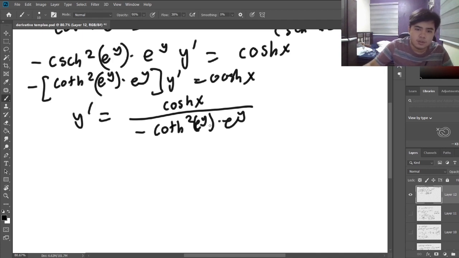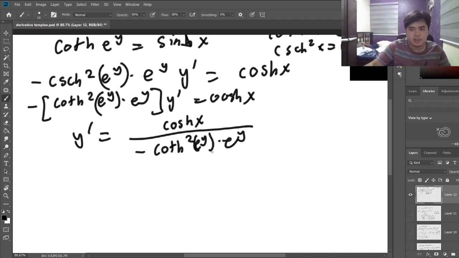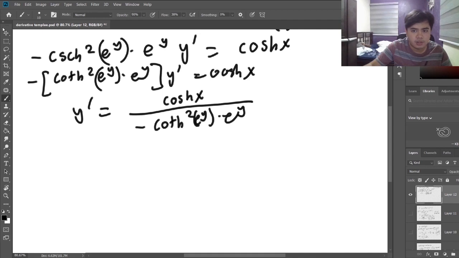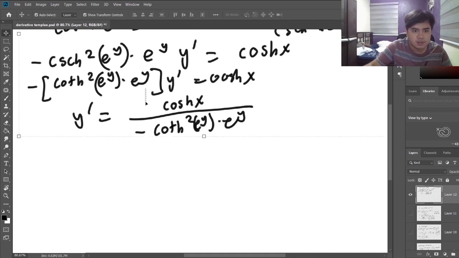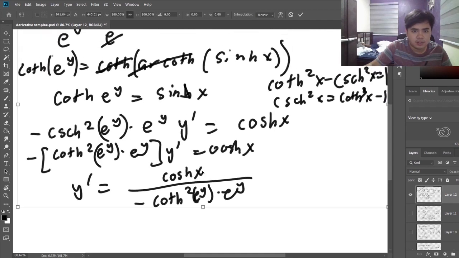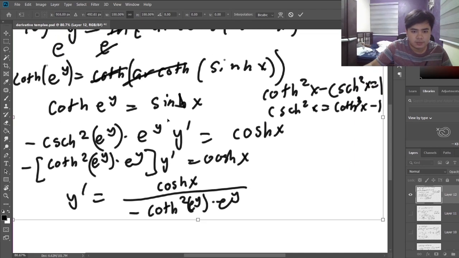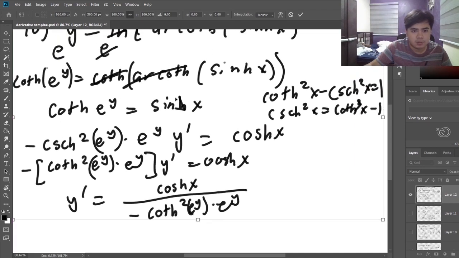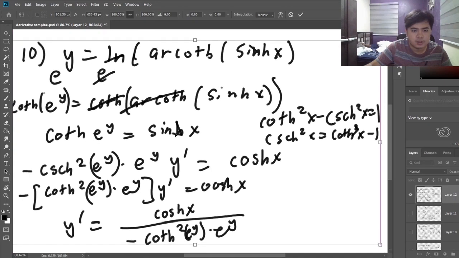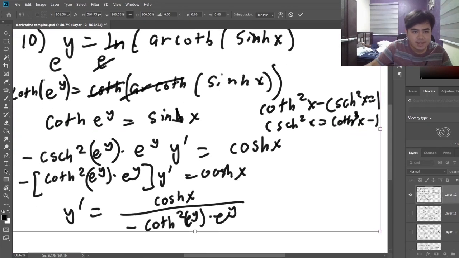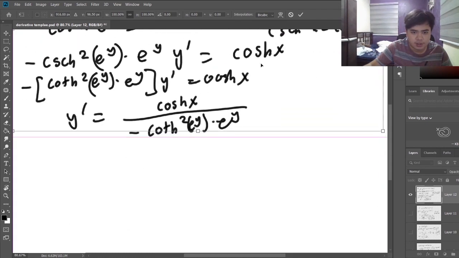Now there's e to the y stuff in here, so that's not good. So what we can do is to refer back to the original one. Hyperbolic cotangent of e to the y is equal to sinh of x. So we can turn this into sinh squared of x, and then later for the e to the y, we can put the inverse hyperbolic cotangent of sinh x there. So I will put that now.